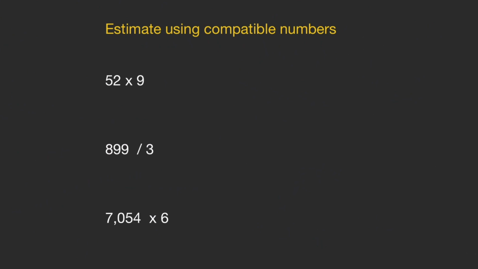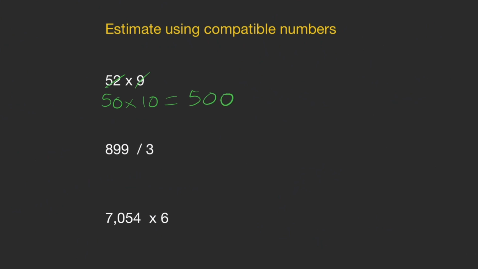So in this case, we have 52 times 9. Now, there's a couple of things that you could do for this one, depending on how accurate you want to be. You could change the 52 to a 50, and the 9 you could change to a 10, and you end up getting 50 times 10, which is 500.